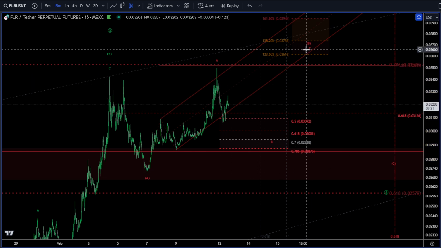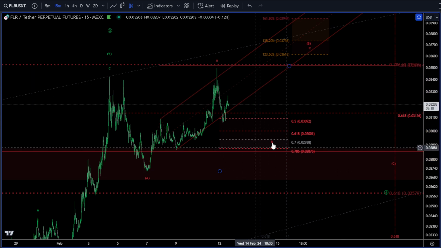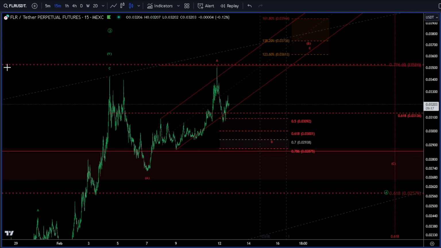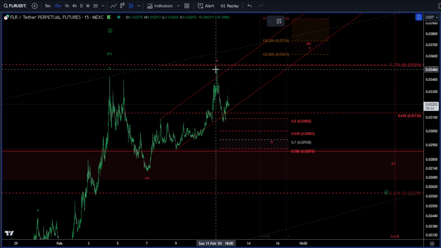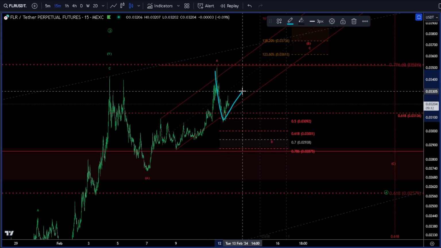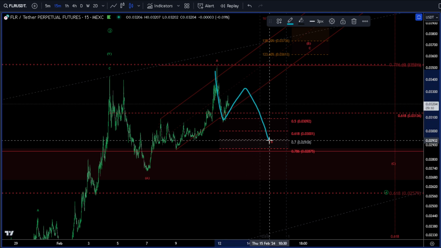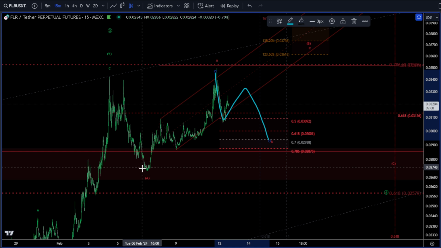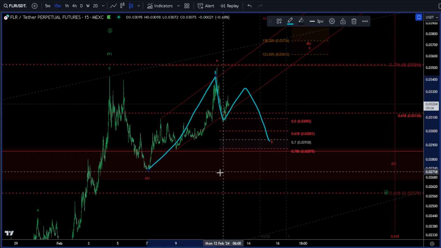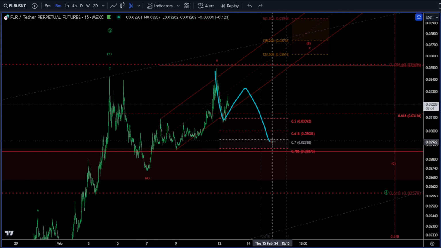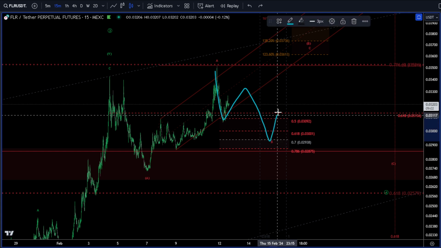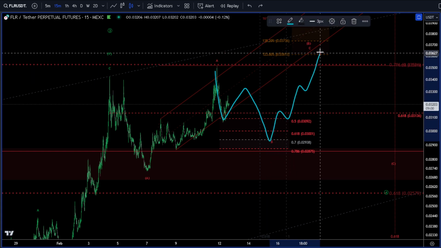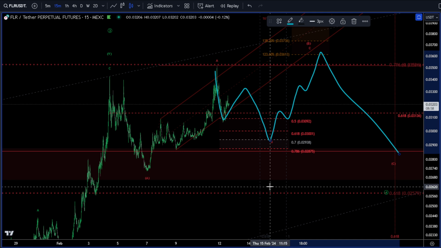Now it can just continue to the upside, but that's why I'm not trading, because there's too much that can happen in this area. But ideally what I'd like to see is a 3-wave move down for this B wave, break the 70% retracement of this level, to consider this a flat, where we'd expect 5 waves to the upside, and then get our C wave to the downside to complete our 4th wave.